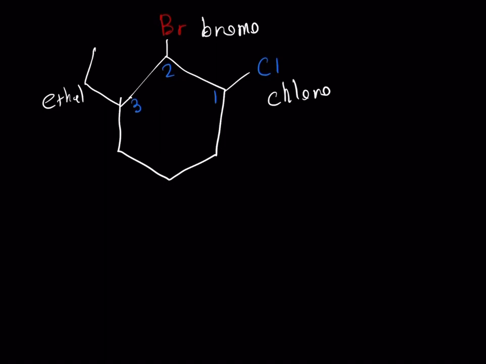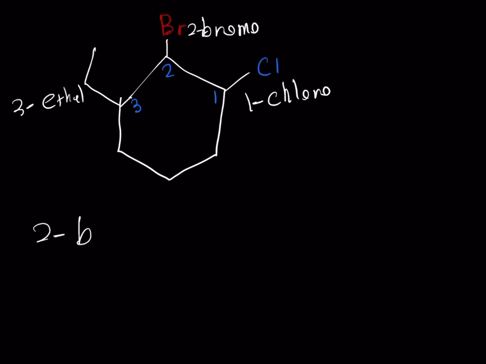So we're going to go ahead and go 1 chloro, 2 bromo, and then we have 3 ethyl. Alphabetically, we're going to start with bromine because B comes first in the alphabet out of all of these ones.